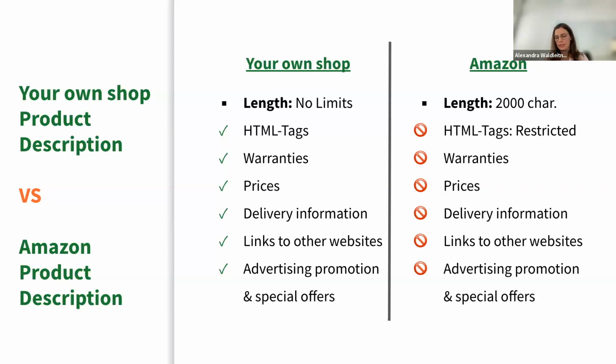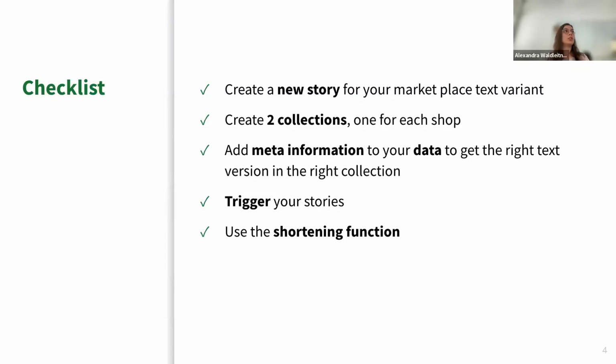in our example today, for Amazon. Before we switch to the cockpit, I have a checklist for you so that you have all the steps in one place. And these are also the things I want to show you. So you have to create first a new story for your marketplace text variant. Then you have to create two collections, one for each shop.